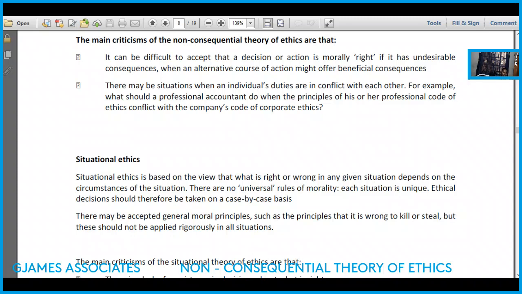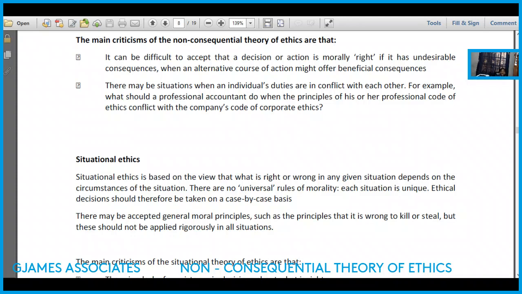Another criticism is that there may be situations when an individual's duties are in conflict with each other. Let's take for example, what should a professional do when the principle of his or her professional code of ethics conflicts with the company's code of corporate ethics?